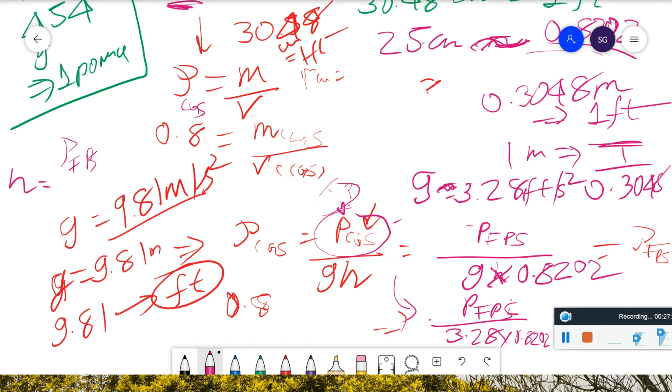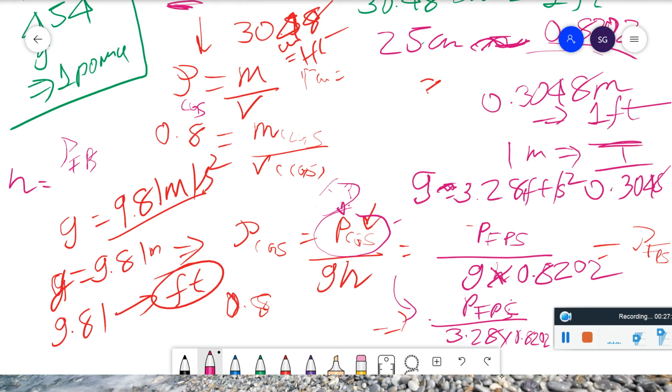Which will be 3.1 upon 3.28 into 0.8202, 0.71. Okay, this is 0.8. Okay, and H is equal to this rho FPS.